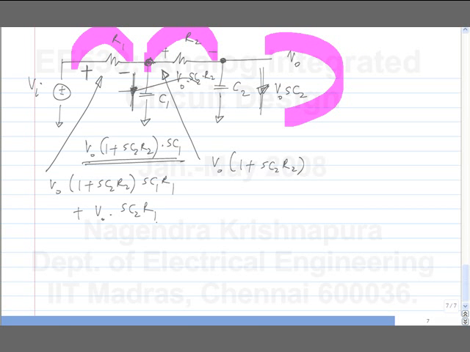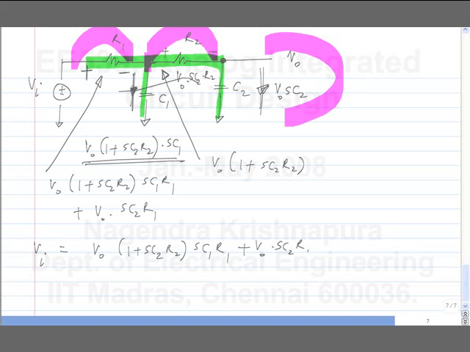Is this clear? I have a certain current here and a certain current here. The sum of the two flows through R1. The current through C2 flows through R2. So the input voltage is, this is across R1, this is across R2, and this is V0 itself.